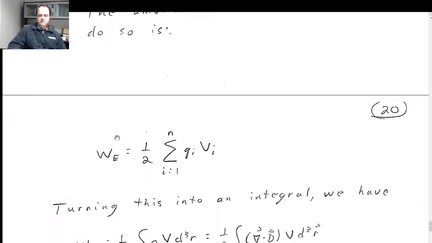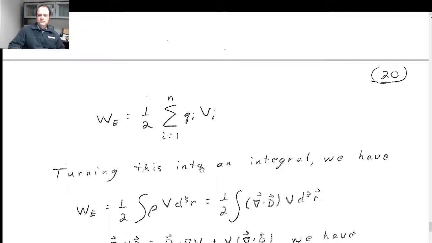And the amount of work necessary to do that, to bring various collections of charges together, is equal to this. It's equal to the sum of Q times the growing amount of potential V in the system. And then typically what you immediately do, you turn this into an integral.